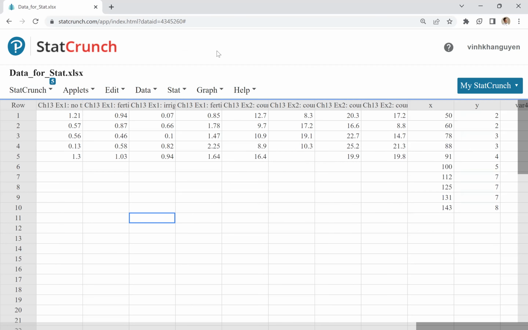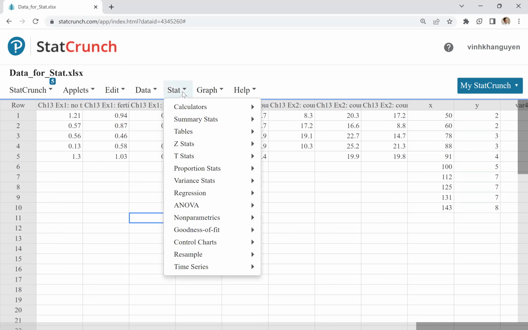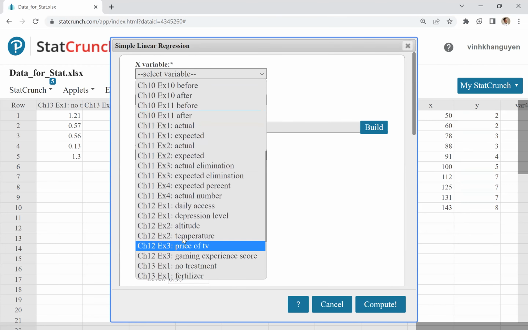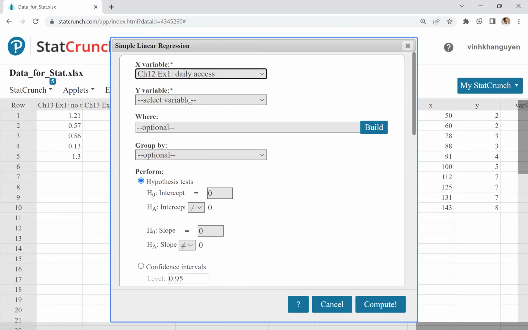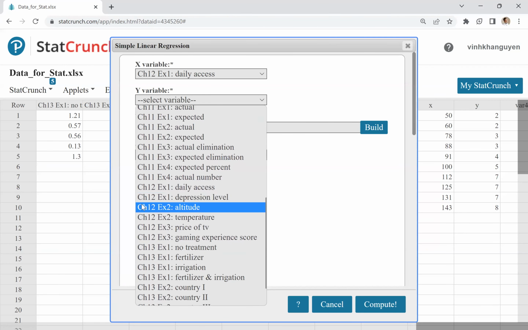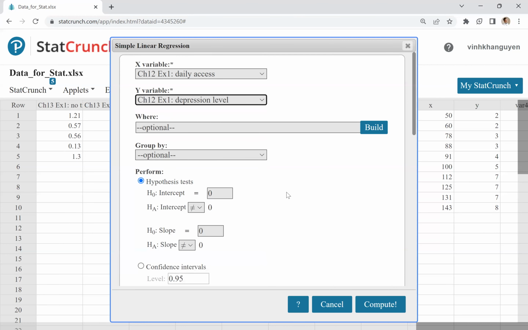Now we want to run through the hypothesis testing. To do that, we go to Stat, Regression, Simple, Linear. The X variable is the daily access. The Y variable is the depression level.